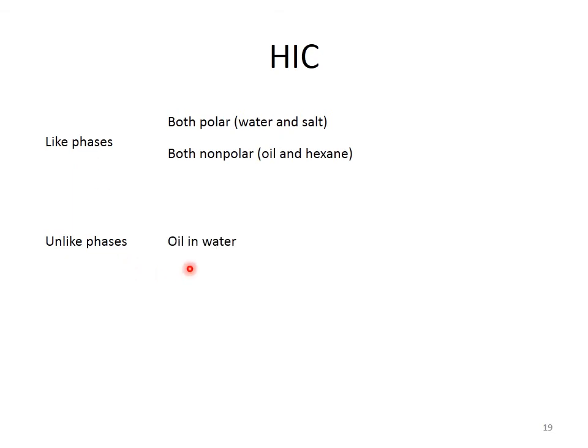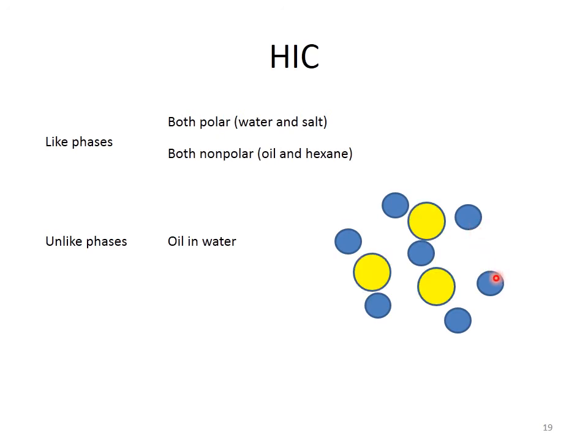For example, if you put oil in water, this represents, the blue circles represent water molecules and the yellow circles represent oil molecules. Now these oil molecules are present in water. Oil is non-polar. On the other hand, water molecules are polar. So water molecules will not be able to interact with the oil molecules because water molecules are polar but oil is non-polar.